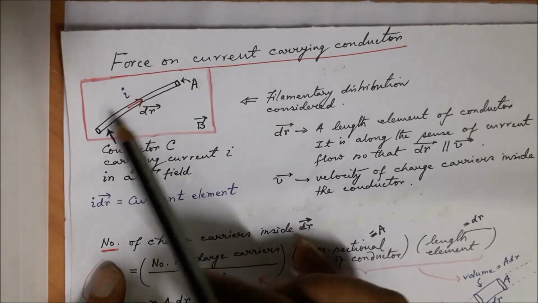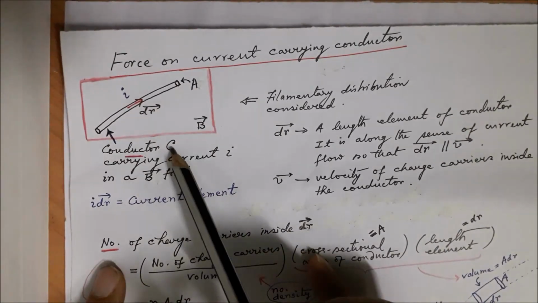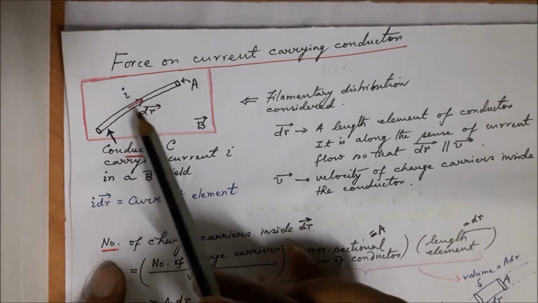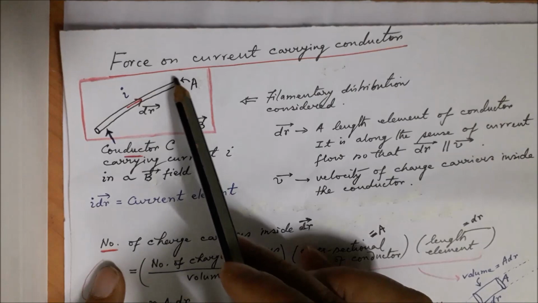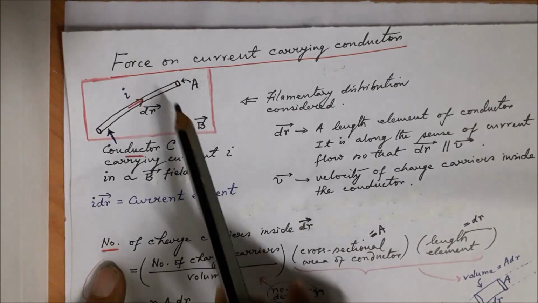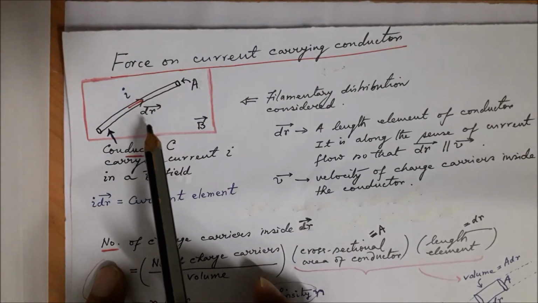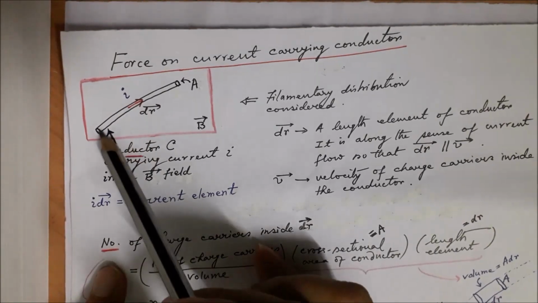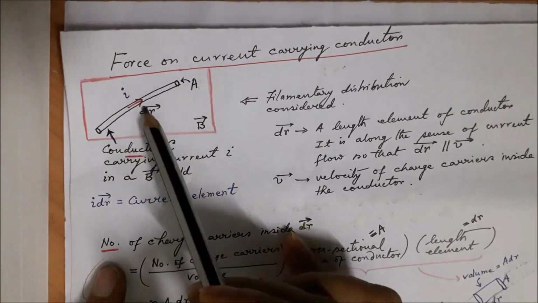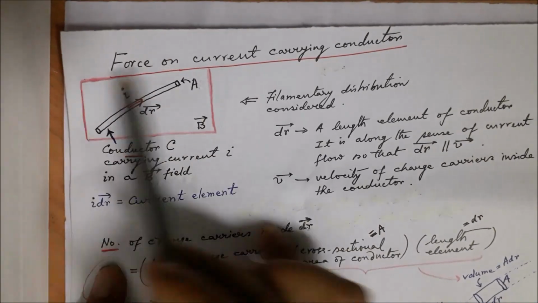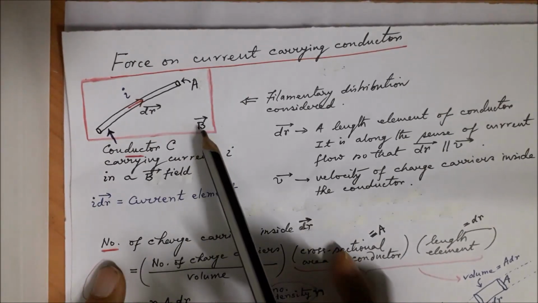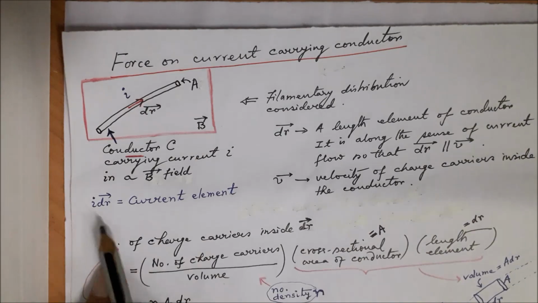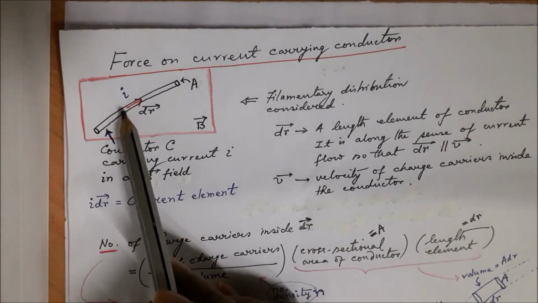This is a conductor denoted by C, and it carries a current I. Vector dr is an elemental portion of the conductor. A is the area of cross section, and let me repeat once again that this conductor is placed in a region where there is a magnetic induction of amount vector B. I dr is the current element.